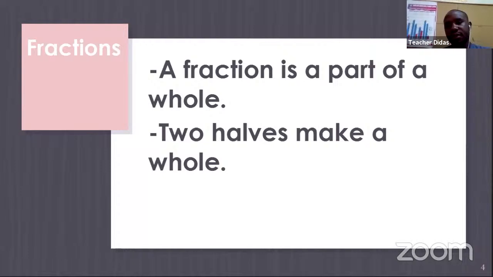Suppose we have one thing whole, then you cut it into 2 different parts. What you get is what we call a fraction.